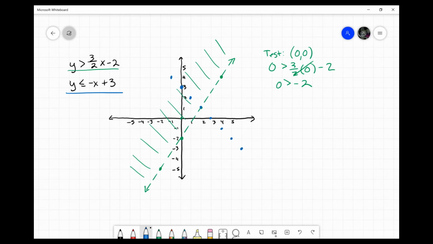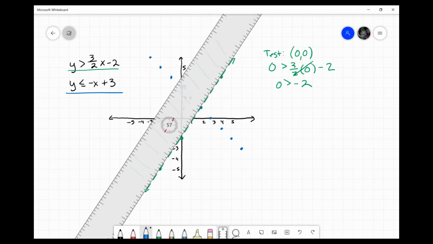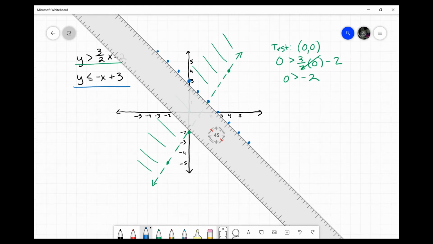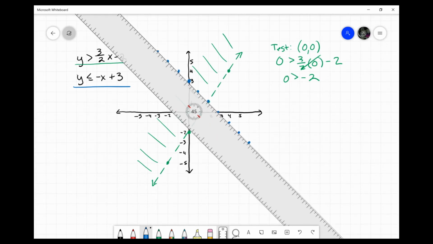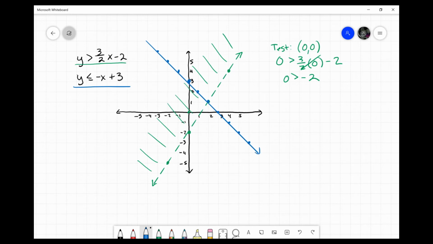We can also do the inverse, going up and back 1. All right, so this inequality is less than or equal, which means it does have a solid line. The values that are on the line will work in this inequality.